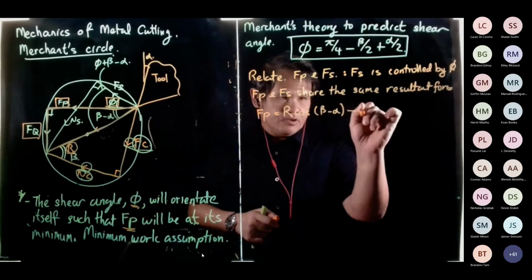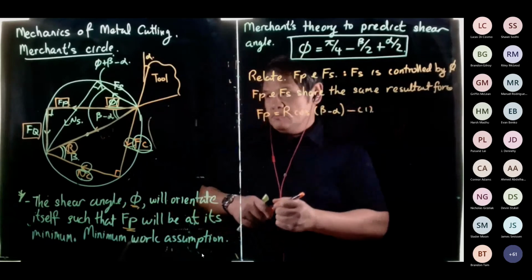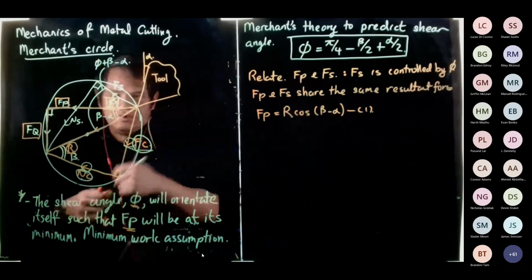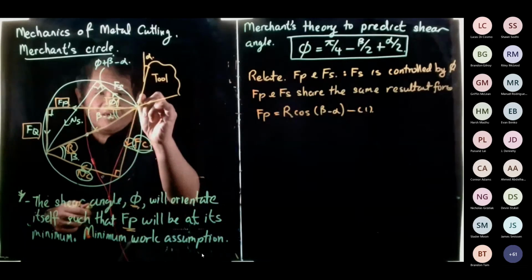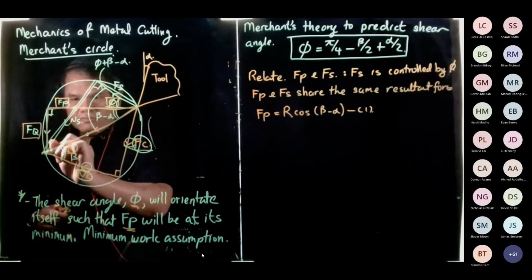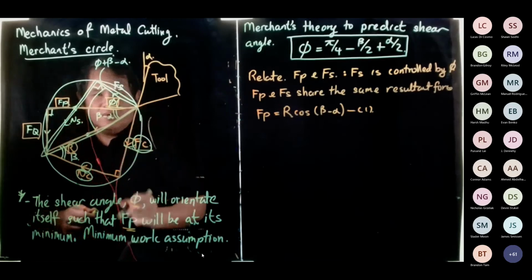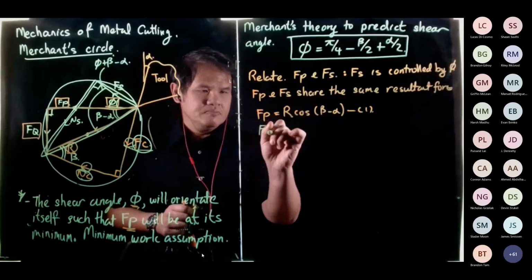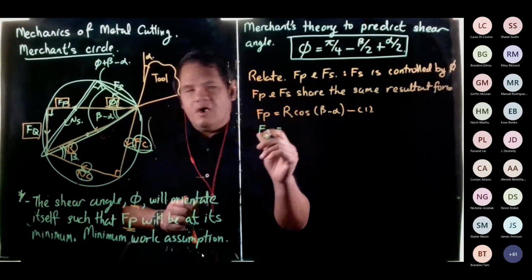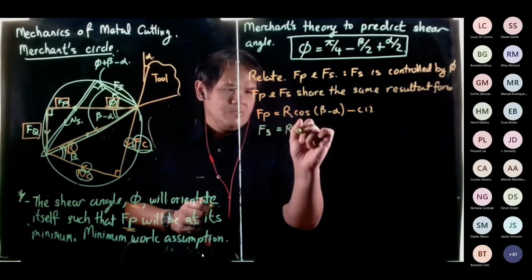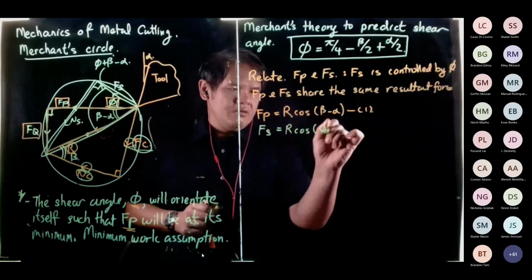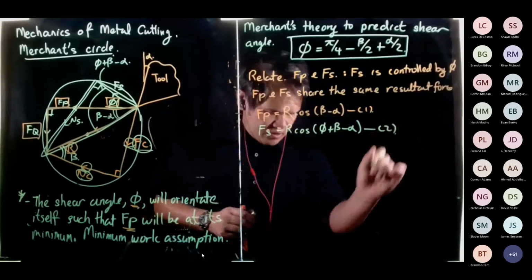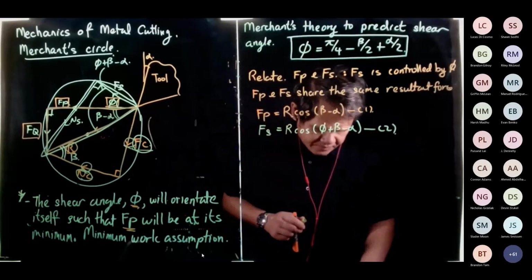I'm going to call this equation number 1. And then the next one, he's trying to relate Fs now to R, right? So Fs is equal to R cosine phi plus beta minus alpha. Equation number 2. Okay.